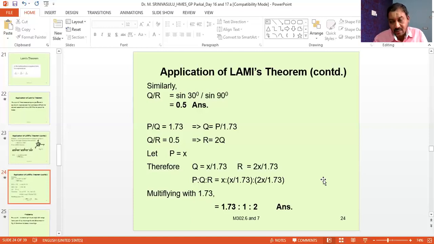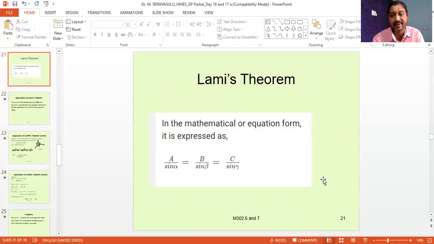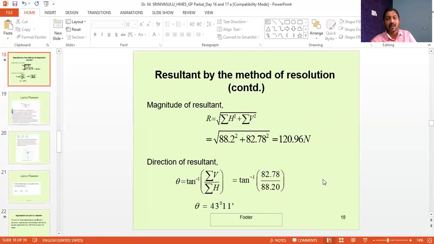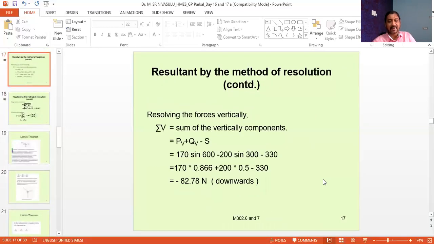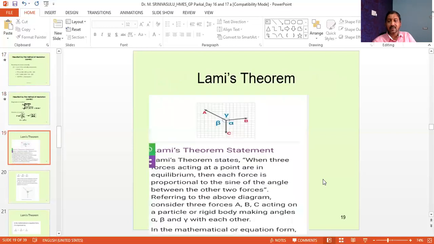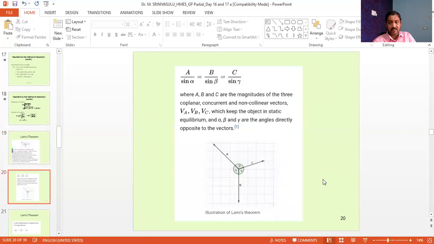So now let us stop at this point. In this class we have solved problems on the resolution of forces, that is the resultant by method of resolutions, and also we have learnt about Lami's theorem, and we have known the equation for Lami's theorem.